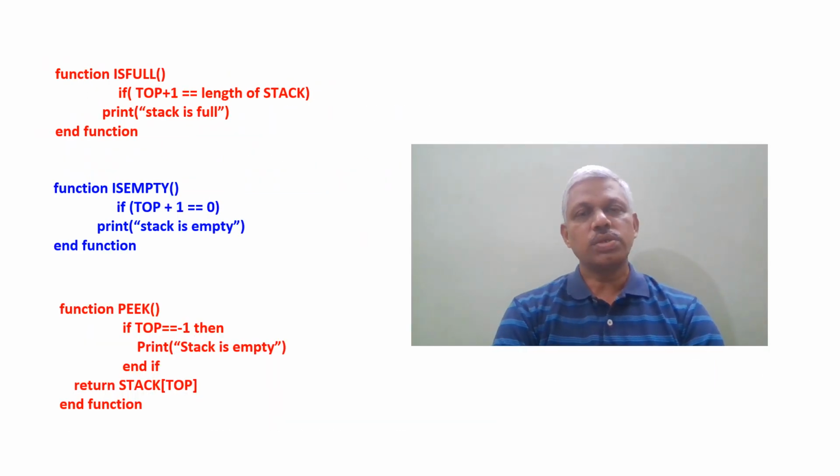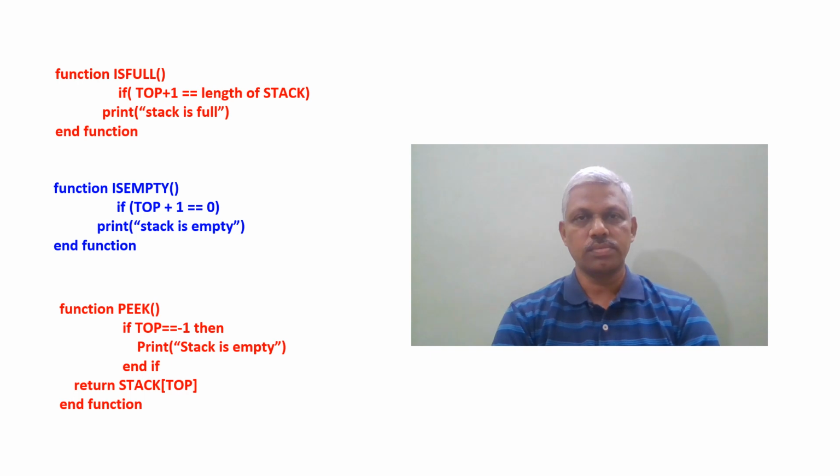Now let us look into some of the operations that we perform on the stack. The function isFull checks whether the given stack is full or not. As per the previous slide, when an array is initialized with capacity n, top can take values from 0 to n-1. Once top reaches n-1, it is an indication that the stack is full.